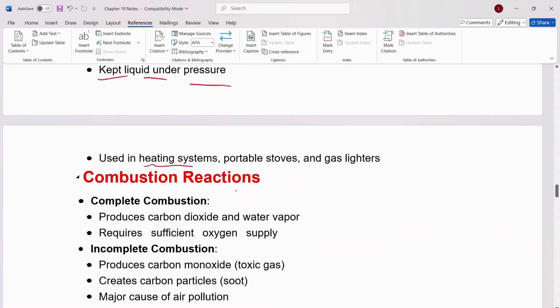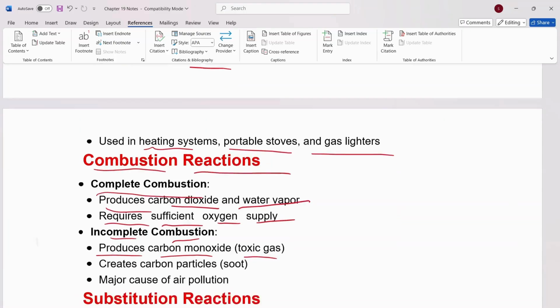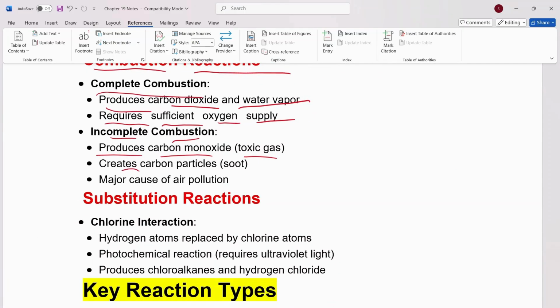Used in heating systems, portable stoves and gas lighters. Some combustion reactions. Complete combustion produces carbon dioxide and water vapor, and requires sufficient oxygen supply. Incomplete combustion produces carbon monoxide, which is a toxic gas, and creates carbon particles, soot, a major cause of air pollution.